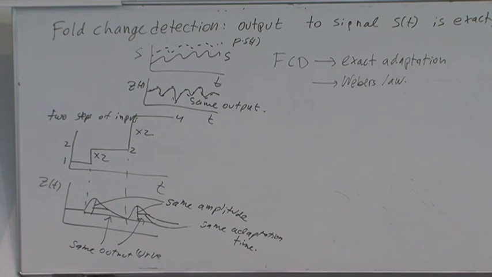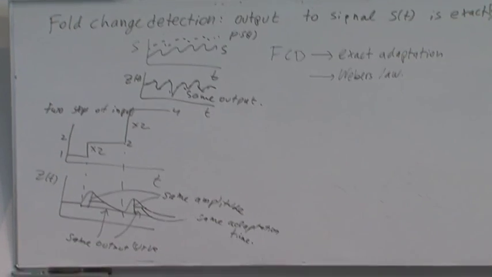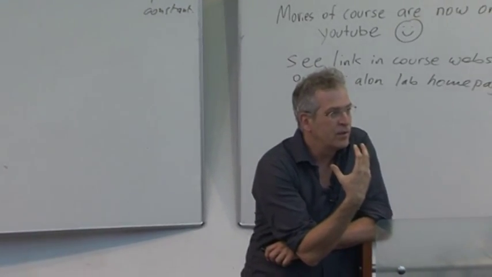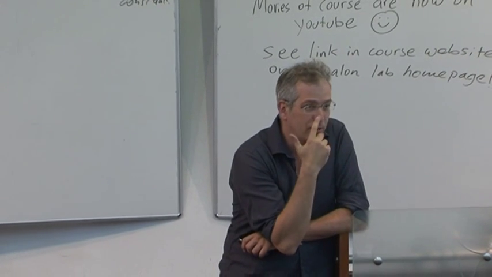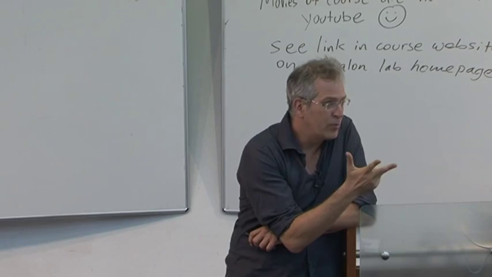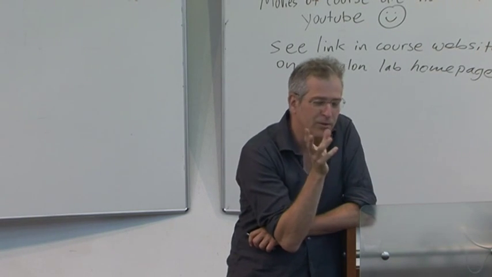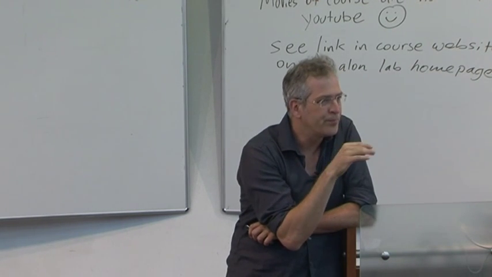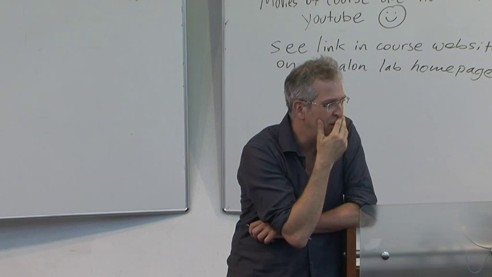So this concept has in it the features we know from sensory systems for 150 years. Exact adaptation, like our visual system, our nose, our ears. Weber's law, a kind of generalized Weber's law. But there's more. There's also all the time scales, etc.